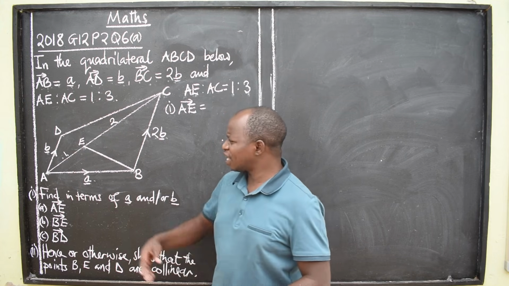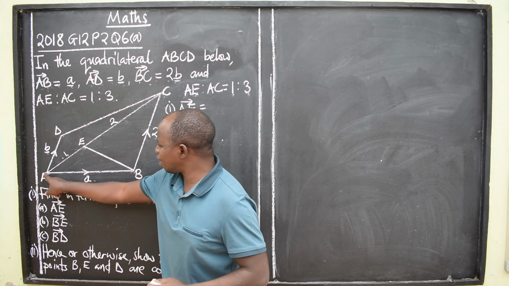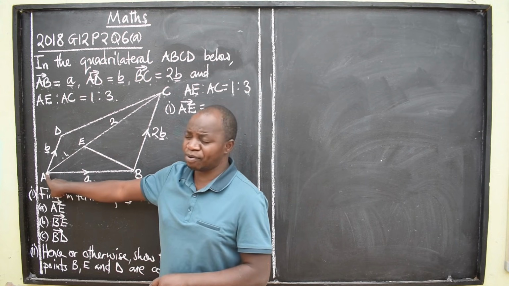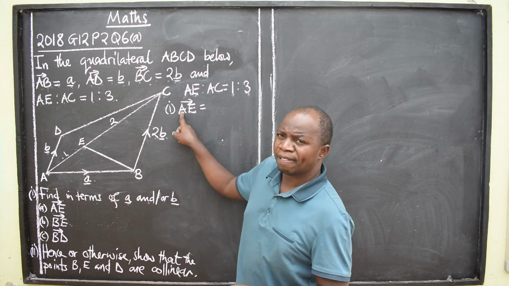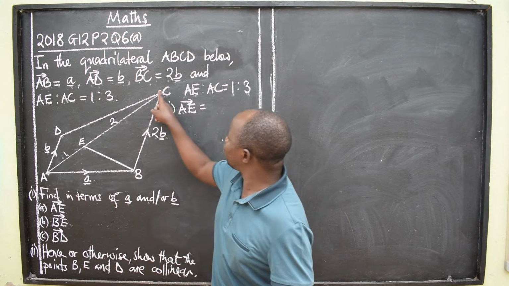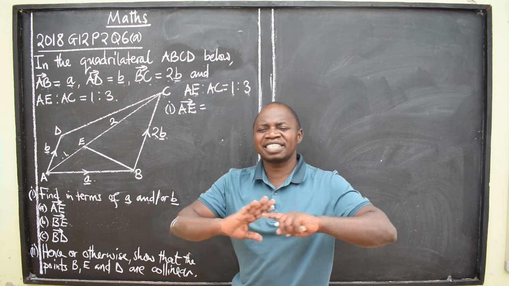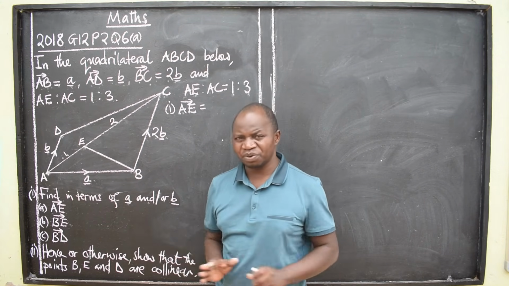Another one would say, okay, I'll not be able to use this, I'll use another route. Say, okay, from A, remember you are here, this is the starting point, A. So this person will say, okay, from A to D, then D to C, then C to E. All of you will be able to find the same answers with different routes.